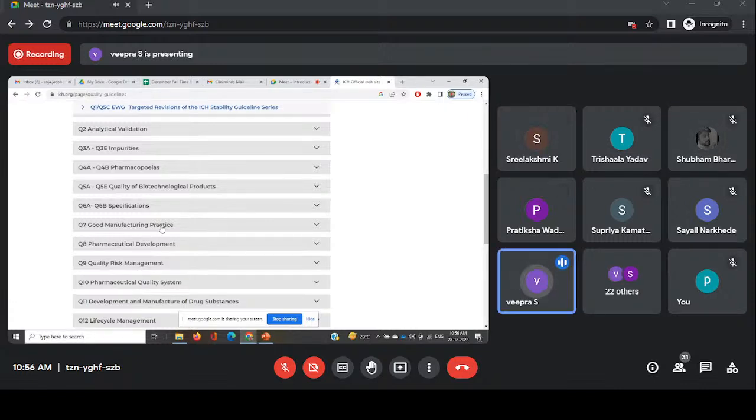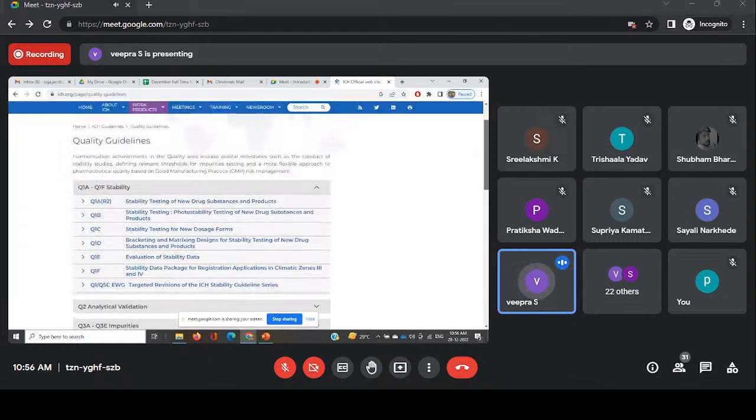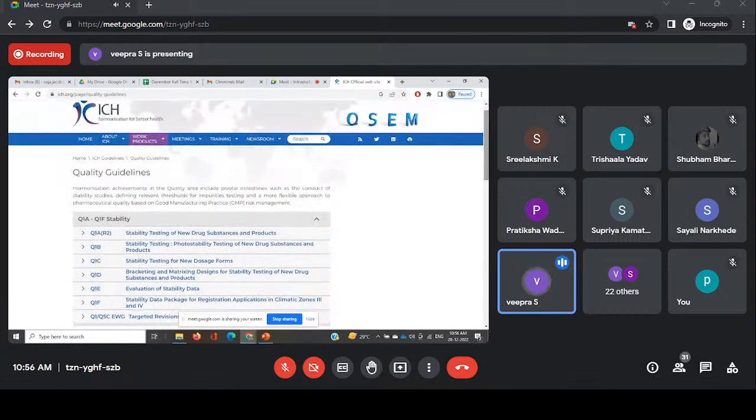For the manufacturing of the product, we have to follow this guideline. Also given are pharmaceutical development, quality risk management, pharmaceutical quality system, development and manufacture of drug substances, life cycle management, continuous manufacturing of drug substances and drug products, and analytical procedure development. These are the different guidelines in the quality section.